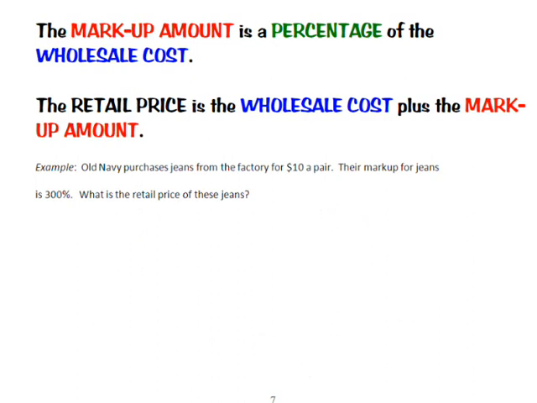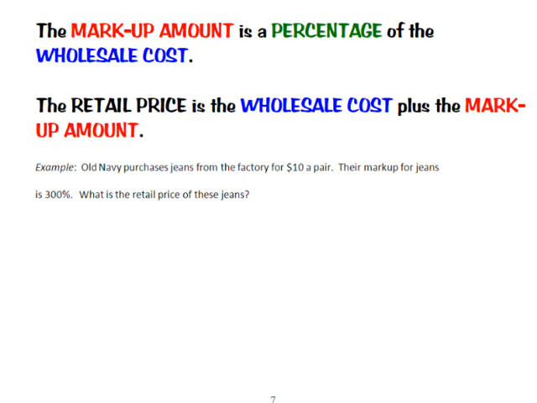I'm going to do another example problem, this time using markup, which again you learned in lesson 6.5, so I'll go through it quickly just to give you an idea of using this basic sentence and to create your equation or proportion method. So in this one, the markup amount is a percentage of the wholesale cost.